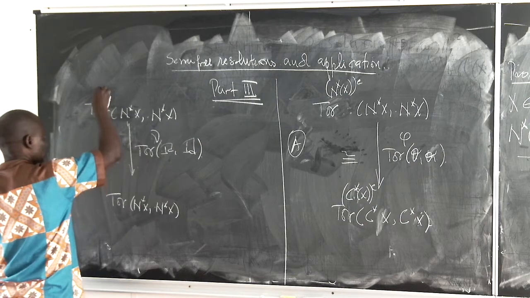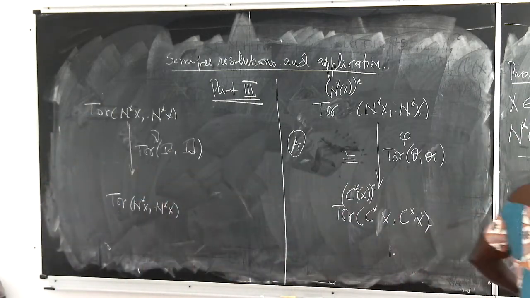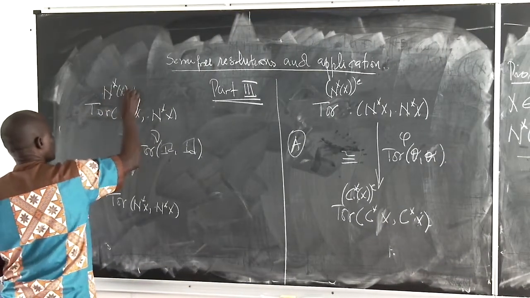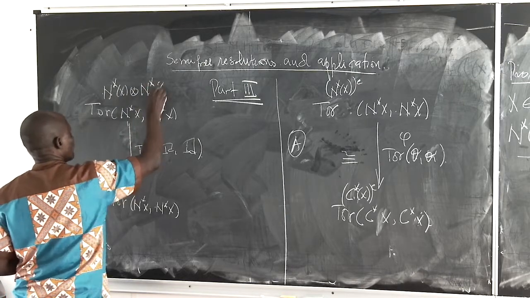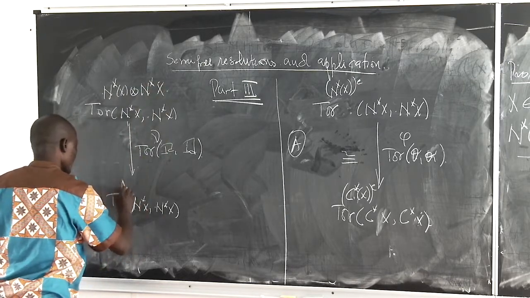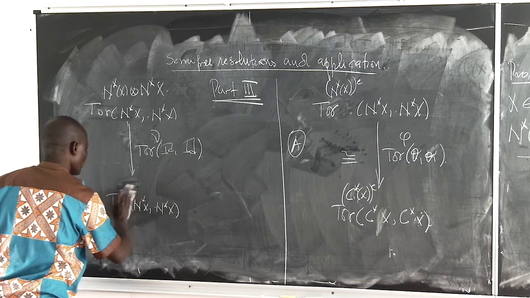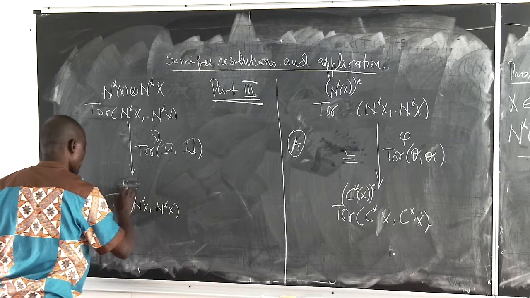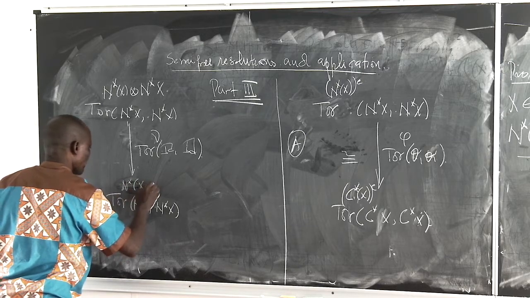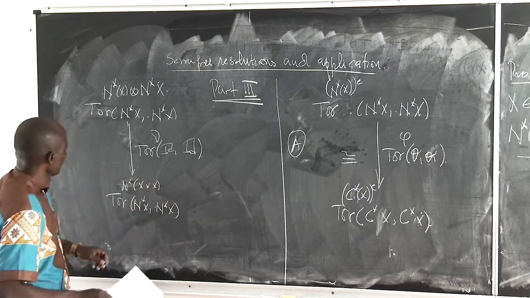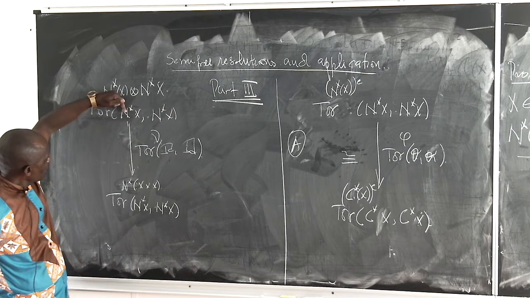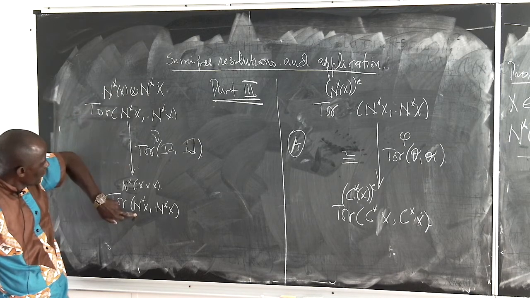And here we have the first thing that I defined here is this one. And the other one is here. Okay. So the identity is a map from the normalized singular quotient to itself.